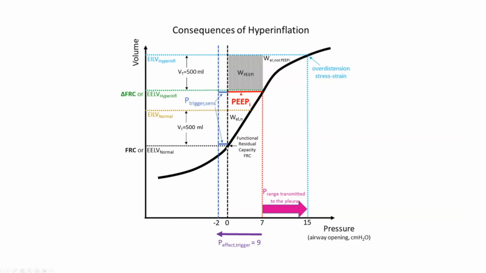Now, with a static recoil pressure on top of that -2, in this example the AutoPEEP progresses to about 7, which means that the patient not only has to overcome that static recoil pressure, but then the trigger threshold on the ventilator just to generate a breath. That's a lot more work that the patient has to do. And quite frankly, a lot of patients simply can't do it because of the weakness that's been incurred by the weight of their illness.